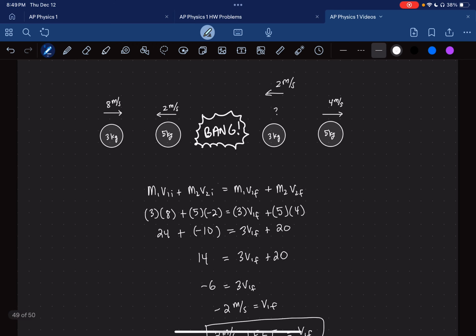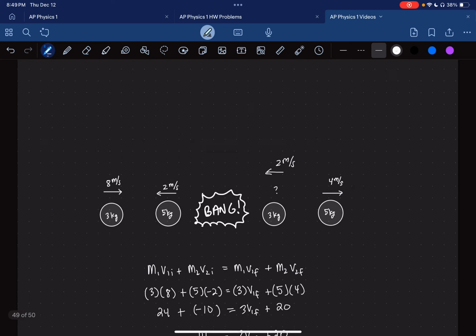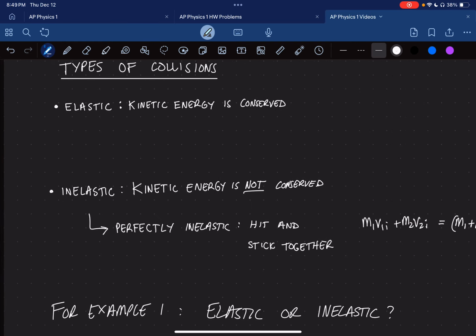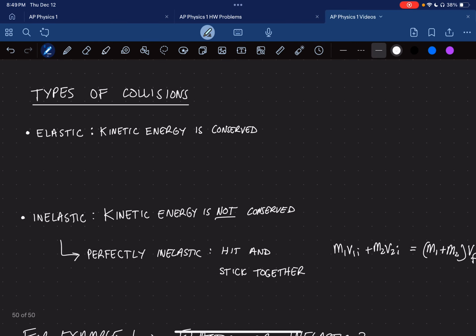Again, this is the conservation of linear momentum. The total momentum of the system before the collision is equal to the total momentum after the collision. In other words, the momentum is conserved. There are two types of collisions.